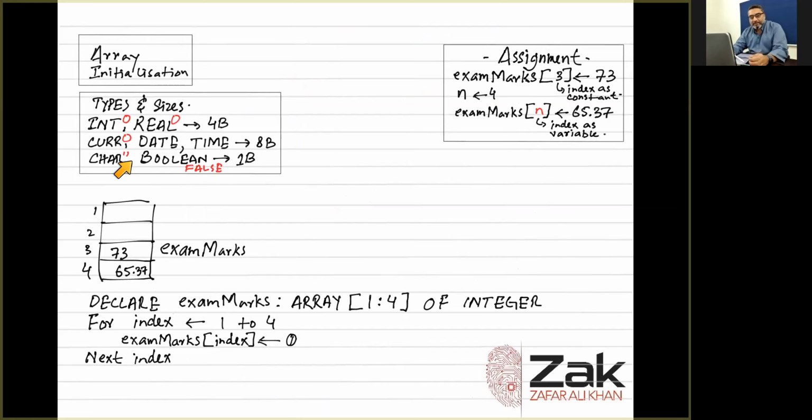Now, a word about initialization. Initialization is actually an act of cleaning up the variables when they are freshly created. What does it mean, freshly created? Whenever we create variables or arrays, they take up some space in memory. That space might have been taken by another application which was using this location before.